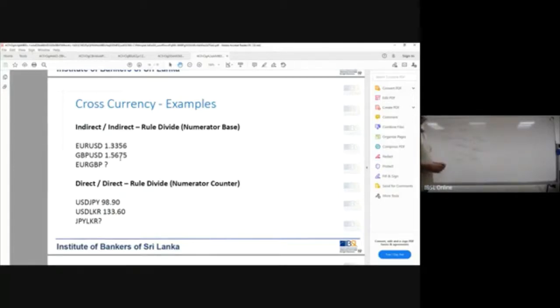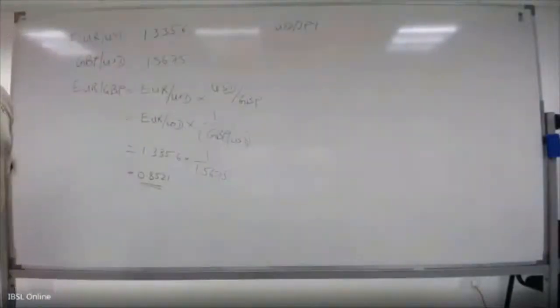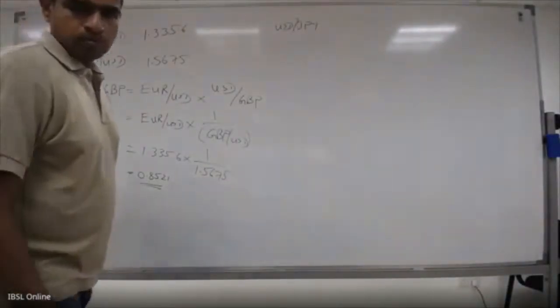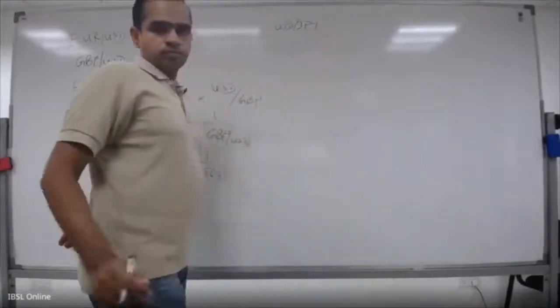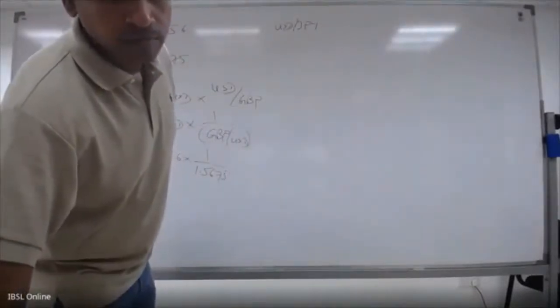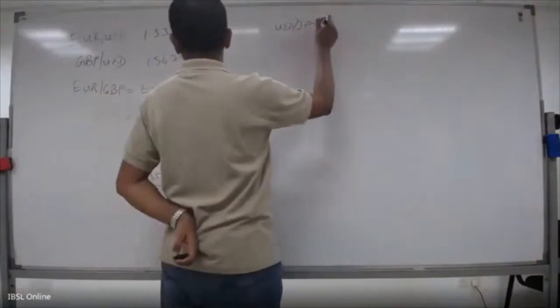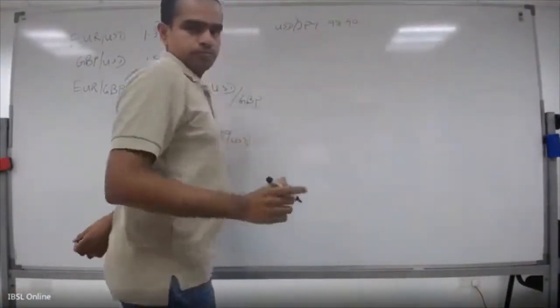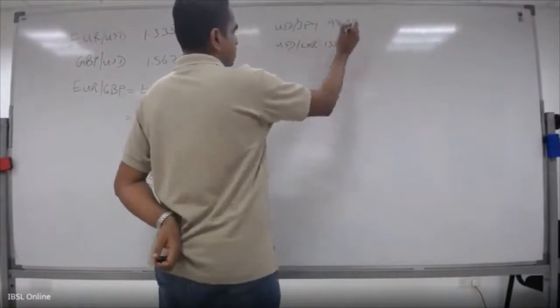Then the second one, dollar yen 98.90 and dollar rupee 133.60.